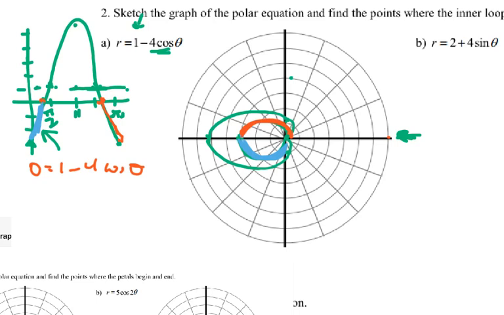We'd move the 1 over, then we divide by 4, so we get 1/4 equals cosine, which is not a unit circle value, so we would use our calculator to determine these starting and stopping points. Actually, this one's kind of cut in half. We have 2 pieces of the inner loop.